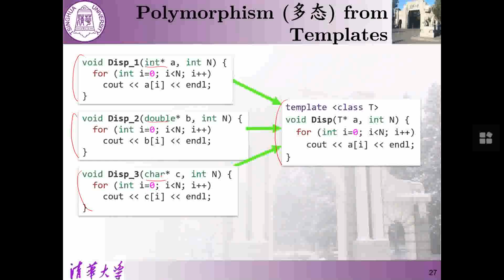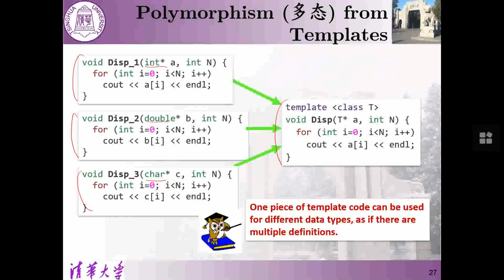So this is kind of polymorphism, right? From our perspective as code readers and designers, it seems that one piece of template code can be used for different data types. Actually, the compiler will generate multiple definitions.